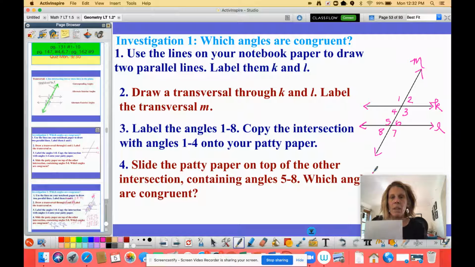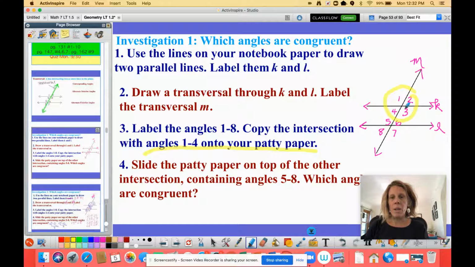And you're going to copy the intersection of 1 through 4 onto your patty paper, not the whole entire thing. If you need to pause the video to do that. So you're only copying this part right here, this line, the transversal. You can extend it down, but you're only copying that part of the intersection.